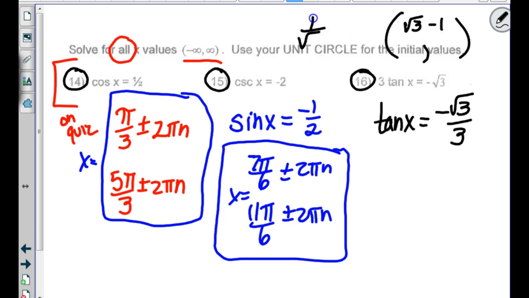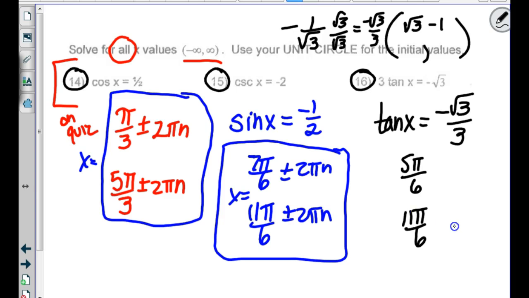Because you'd get 1 over square root of 3 for the tangent, and then you'd have to do that gobbledygook, and you'd get negative square root of 3 over 3. Okay, 5 pi over 6 and 11 pi over 6. Now, there is definitely a shorter way to write that one because they're straight across from each other. You could have just said, here's the first one, and it's going to repeat every pi n.